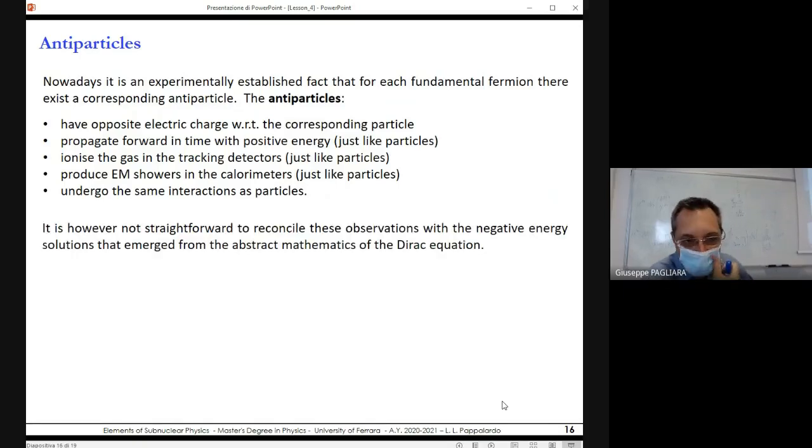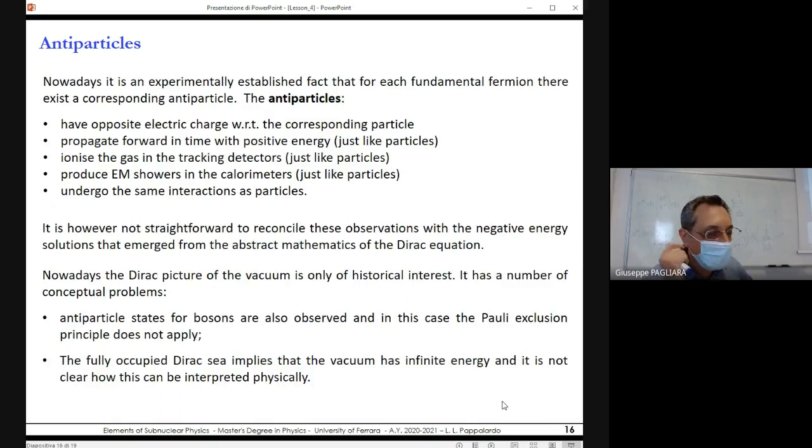So, of course, it is not straightforward to reconcile all these observations with the negative energy solution that emerged from the Dirac theory. In fact, today the Dirac picture of the vacuum is only of historical interest, because it provides some fundamental difficulties. First of all, we know that we also have anti-bosons, antiparticle bosons, but for bosons the Pauli principle does not work.